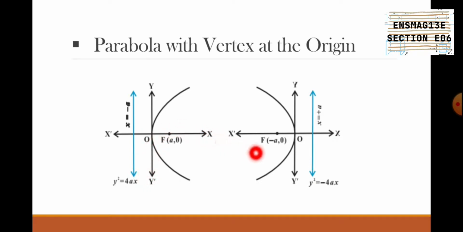For a parabola with focus at coordinates (negative a, 0), the equation is y squared is equal to negative 4ax. The parabola opens to the right if a is greater than 0, or positive, and it opens to the left if a is less than 0, or negative.